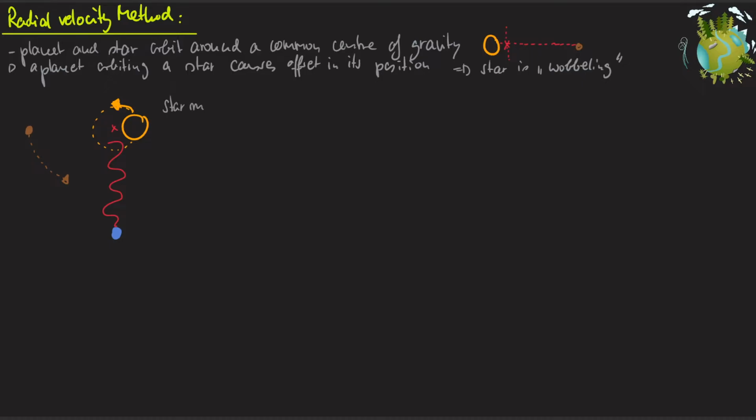The light the star emits is getting redshifted, because if a star moves away from us, the light waves leaving the star are stretched out. So the light gets shifted towards the red end of the spectrum.